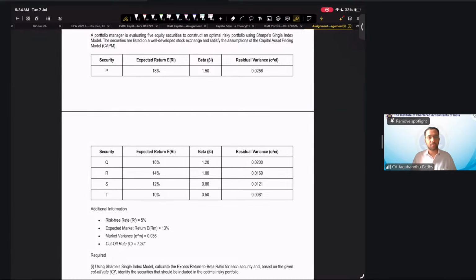For the ease of solving this, I'll just put it in the Excel format so that it's easy for us to do calculations, and also from a presentation point of view.